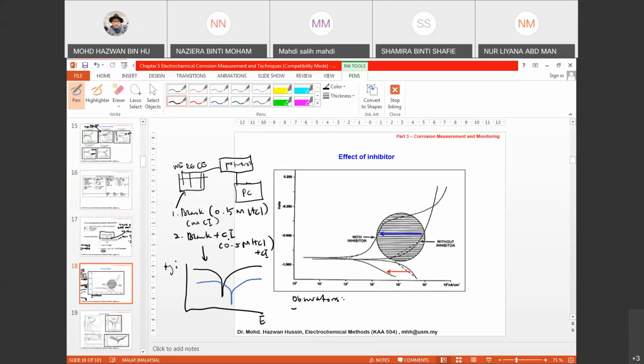You use acid, you use the same metal, mild steel. But when you overlay the data, you will see that the one with inhibitor produces a plot lower than without the inhibitor. So what does this indicate? The I-corr. Yeah, correct.